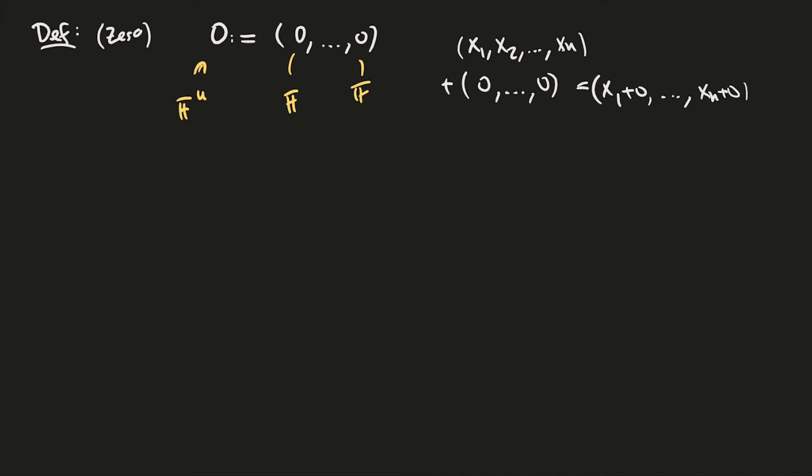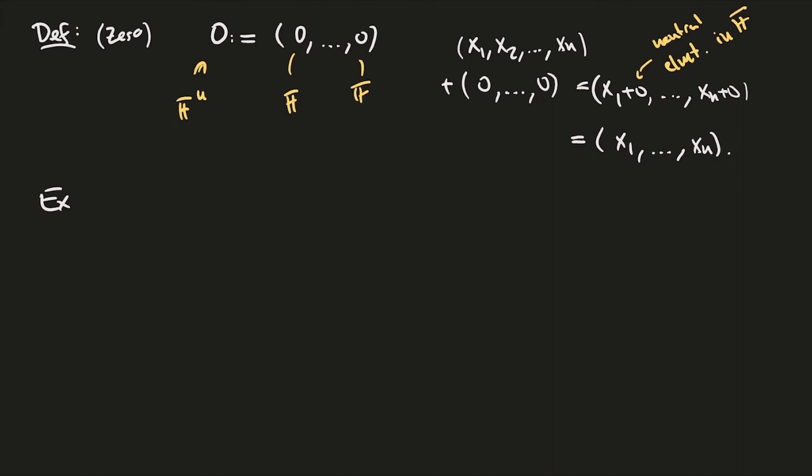So we're adding 0 to each coordinate. And now because the zeros that are being added in each coordinate are the neutral elements in F, we have that this is equal to x1 and so on up to xn. So this shows that if we add the 0 element to an arbitrary element, we get back the arbitrary element unchanged.